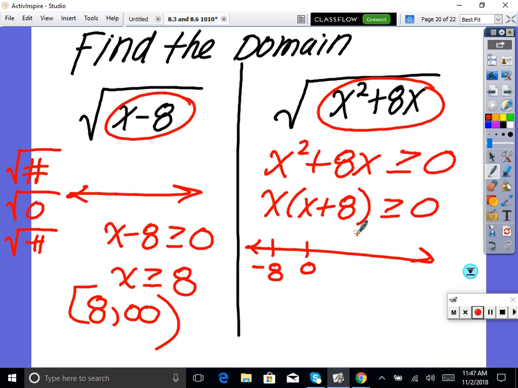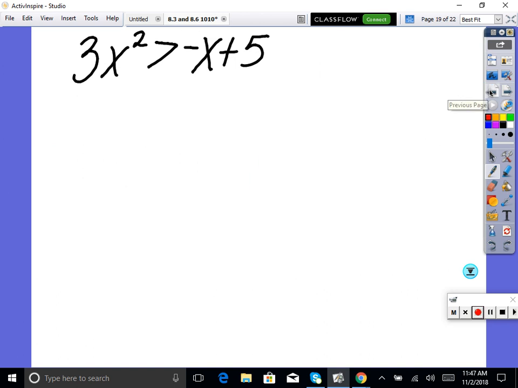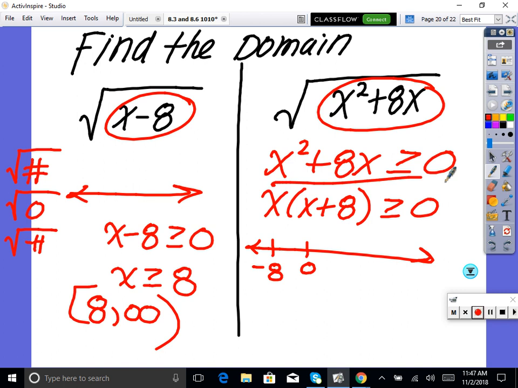You just had to set it up, whereas in this one it just says solve. But you see how it's solving the same thing, essentially. Because once you set up a true statement, it is just solving an inequality. That's quadratic. Are we good? We set them equal to 0, right? We find the zeros, which are our critical values.